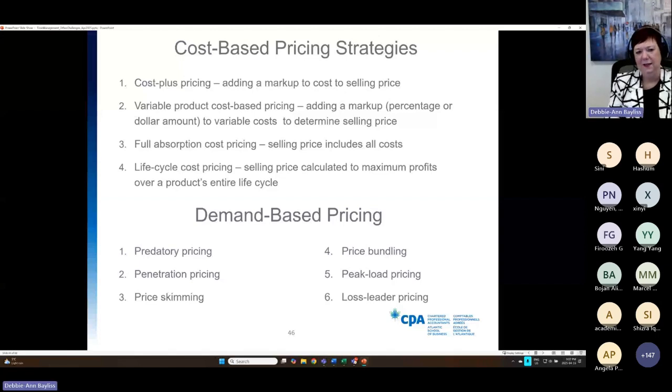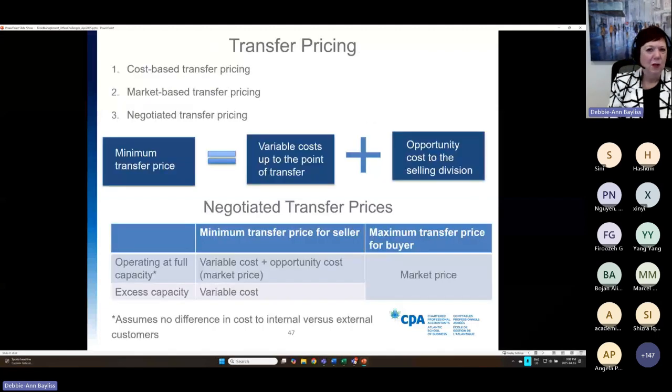Transfer pricing. You have three different options, whether it's cost-based, market-based, or negotiation. Be comfortable in knowing what the benefits and disadvantages are of each of those options. When you're negotiating a transfer price, what's the minimum?